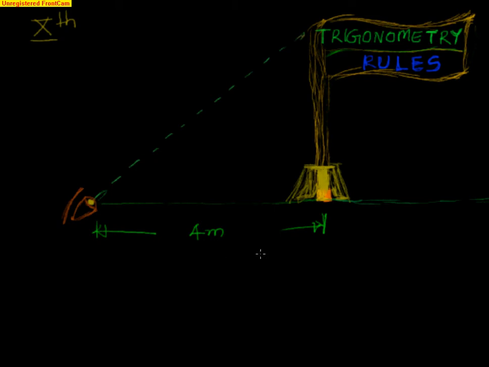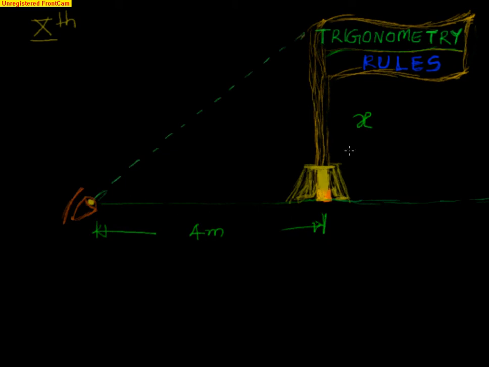Then you thought, is there any way I can correlate the height of the tower to the horizontal distance so that I can say what the height of the tower is? Now I come to your rescue and say, you are in trouble, let me help you out.